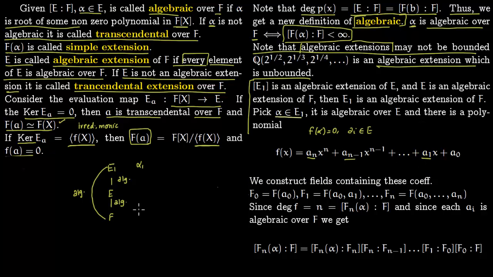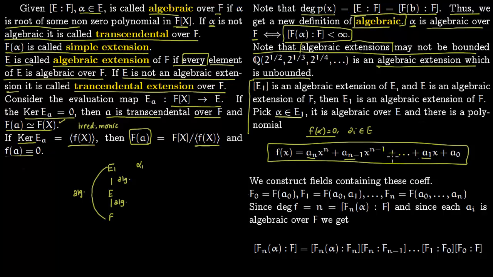Now we will construct a sequence of fields which contains these coefficients. You adjoin each of these coefficients to the base field F, and then you will see that f of alpha is 0 in the field which has all these coefficients, because everything depends upon this polynomial. You plug in alpha in this polynomial and it would be 0.